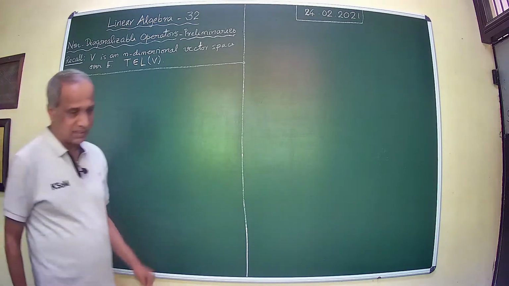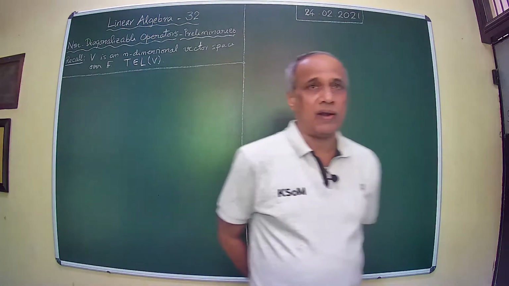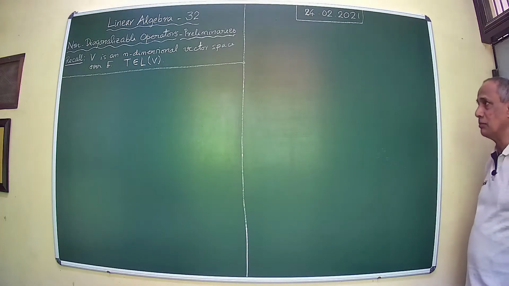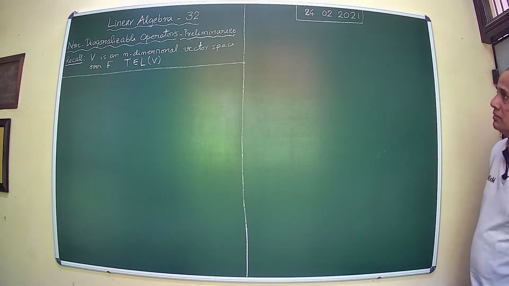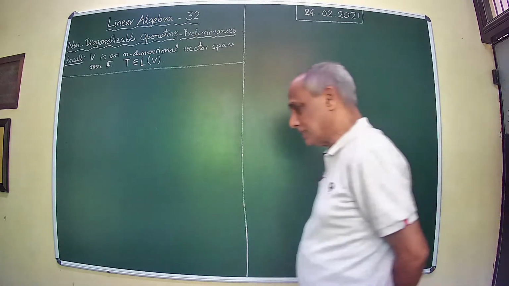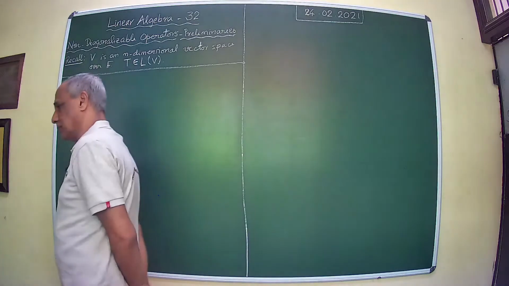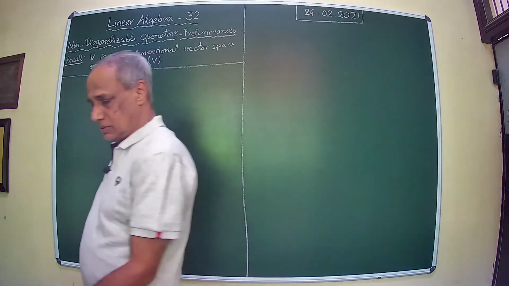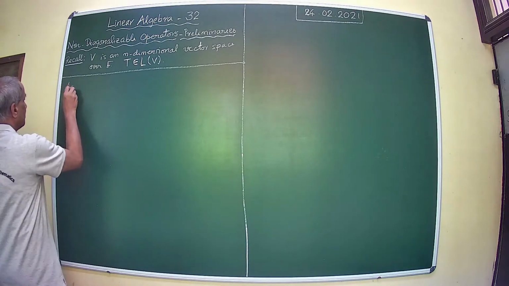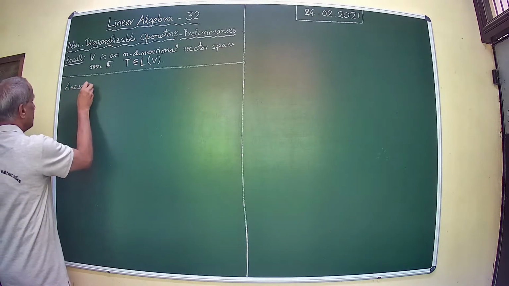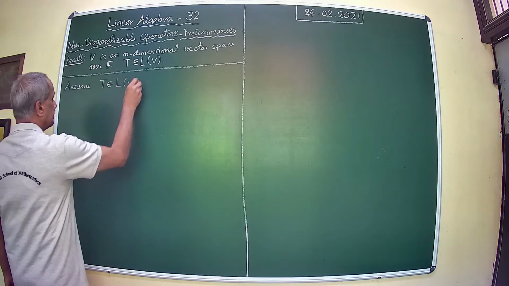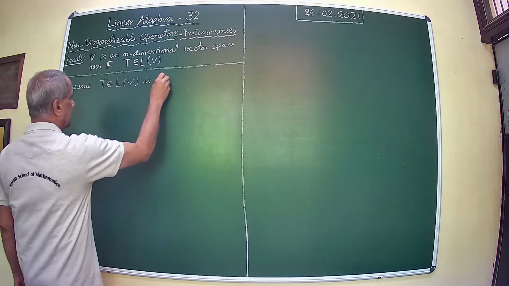Okay, let us just recall a few facts about diagonalizable operators first, and then proceed to consider non-diagonalizable operators. So we first assume T belonging to L(V) is diagonalizable.